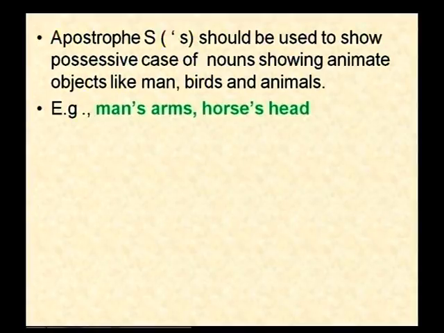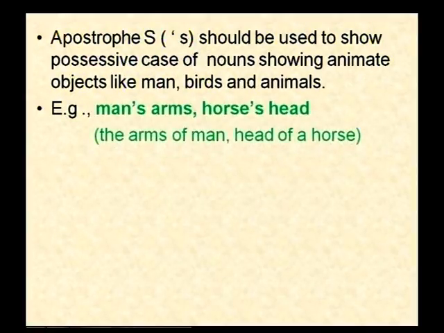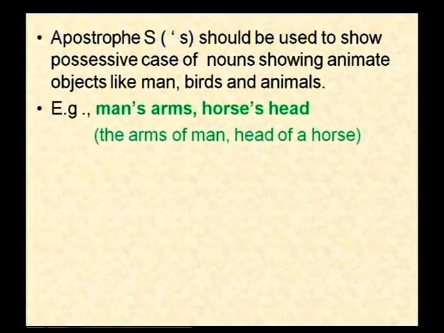For example, man's arms, horse's head. You can also say the arms of man, instead of using apostrophe s. You have already learned in your lower classes that of represents apostrophe s, so these two phrases are always correct: man's arms, the arms of man; the horse's head, the head of a horse.